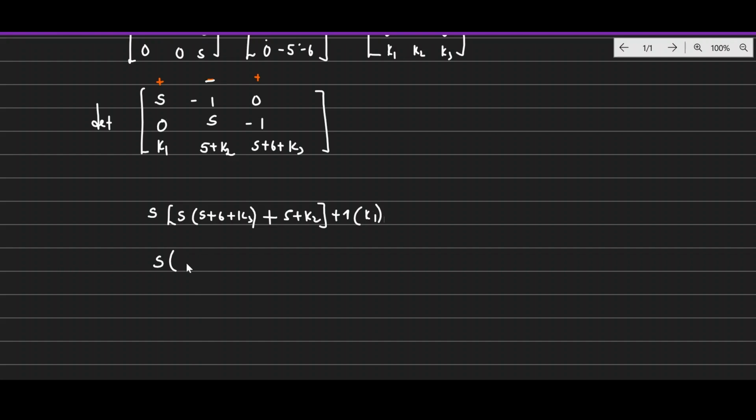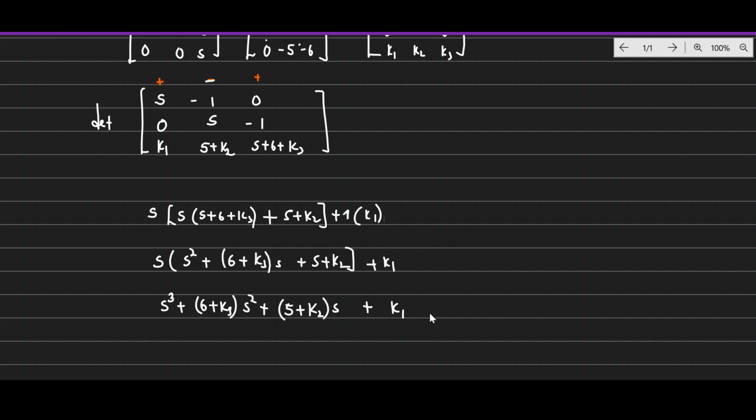So let us simplify this. This is s squared plus, I'm going to write this as 6 plus k3 multiplied by s. I've just combined these guys, right? And then plus 5 plus k2, I've just combined multiplied by s together. And then plus k1 outside here, and then distribute that s: s cubed plus 6 plus k3 multiplied by s squared plus 5 plus k2 multiplied by s, and then plus k1 outside.